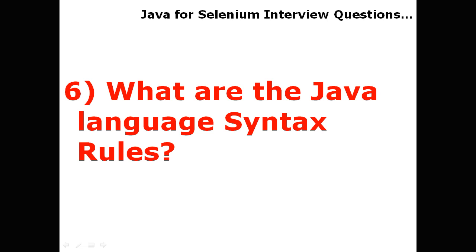Java program execution starts from the main method, which is mandatory in every Java program. Next, every Java statement or step should end with a semicolon, and every Java code block, for example, conditional blocks, loop blocks, method blocks, etc., should be enclosed with curly braces.